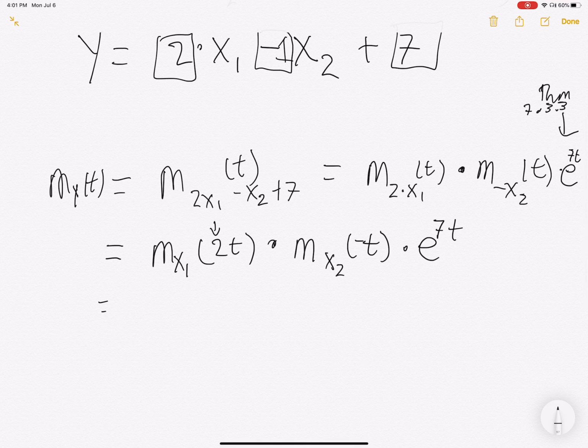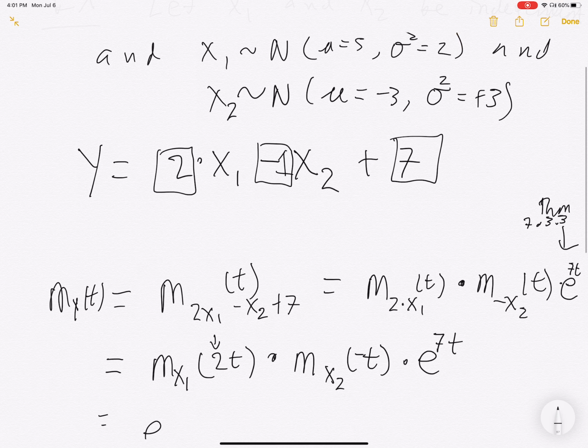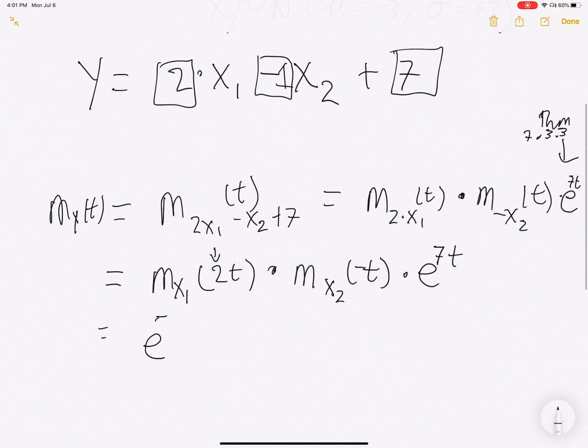Now, the moment generating function of X1, we have discussed it has the form of a normal distribution. So it's a normal distribution with mean of 5. So that's going to be 5, but instead of being multiplied by t, I have to multiply it by 2t.